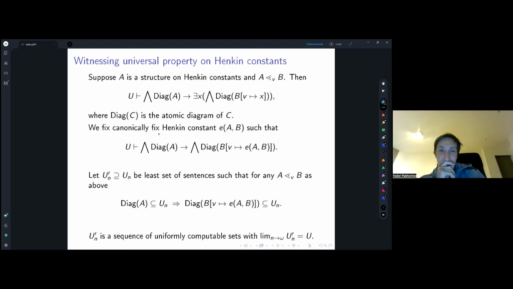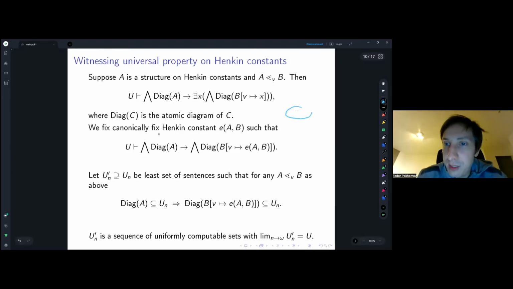In fact this is a very easy corollary of the universal properties we had before. They told us the following: if internally you have a finite structure and you have some element, you can collapse this element to make it absolute.